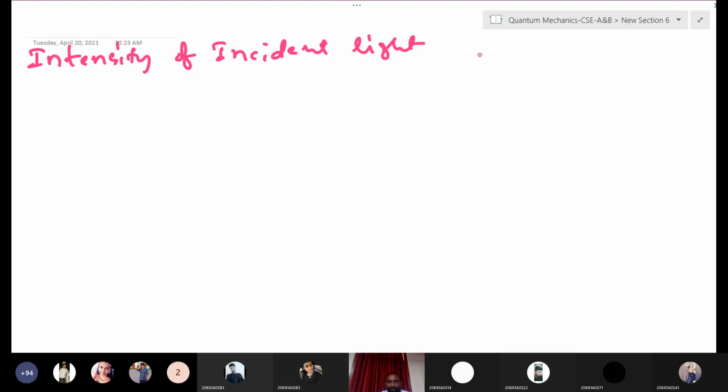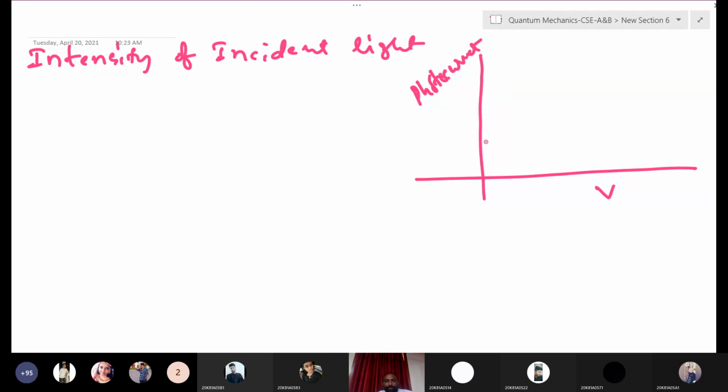Here we will draw a plot and you will understand. This axis is voltage and this is photo current. If you increase the intensity, more electrons will be ejected from the metal surface, which means we will get more current. Suppose this is intensity I1.